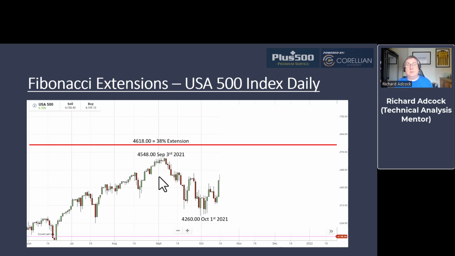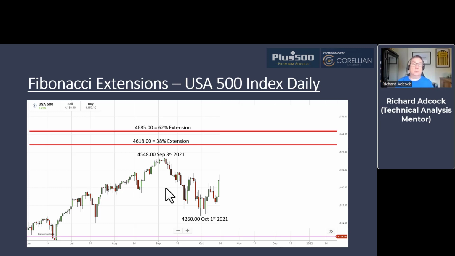So the 38% extension level comes in at 4618, and this is 38% of this sell-off projected from the significant high. So we have that as a potential resistance focus. We then have the 62% level at 4685, and the 100% extension level, so the entire sell-off projected upwards from the significant high that we're measuring from, at 4782.